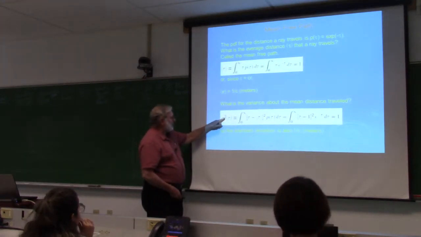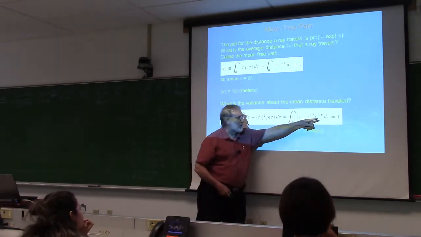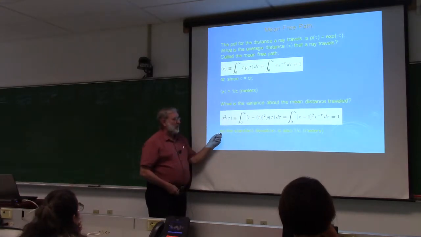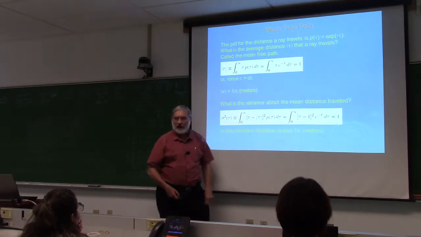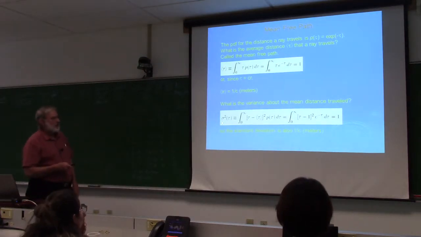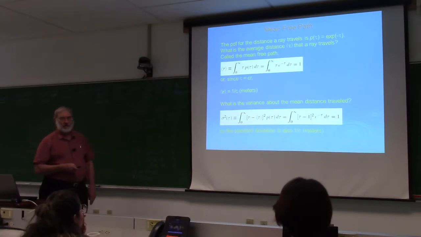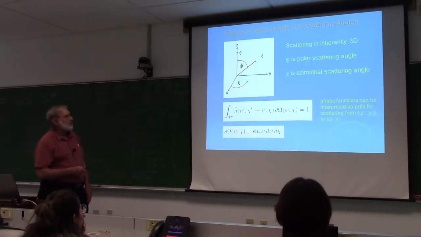And the variance is of course sigma squared, so if we take the square root to get the standard deviation, well, square root of 1 is 1. So the standard deviation is also 1 over the beam attenuation. Very kind of unusual thing, and you can play with that in the lab today until you convince yourself that it's actually true. Okay, anyway, this is called the mean free path in optics.